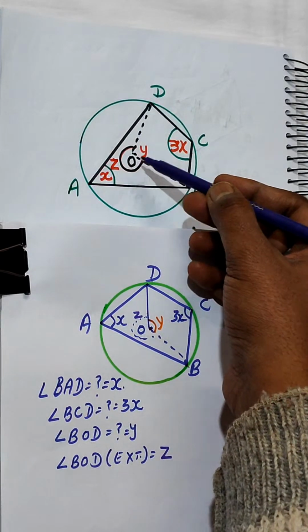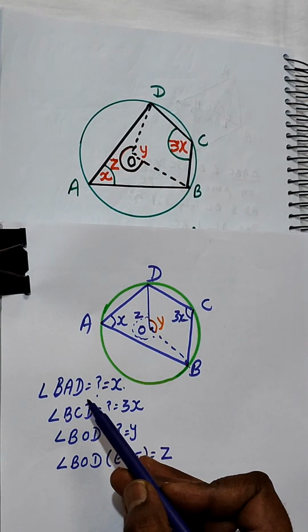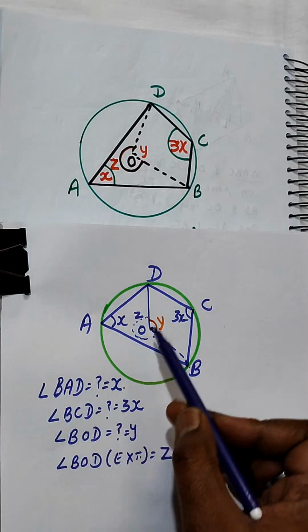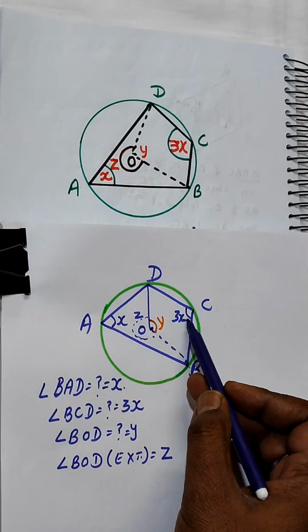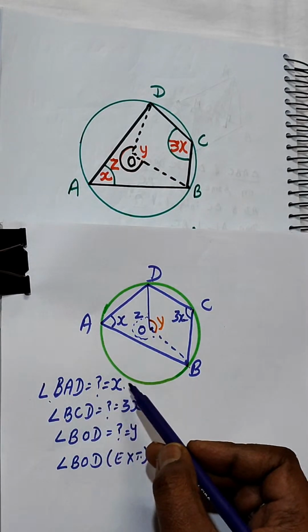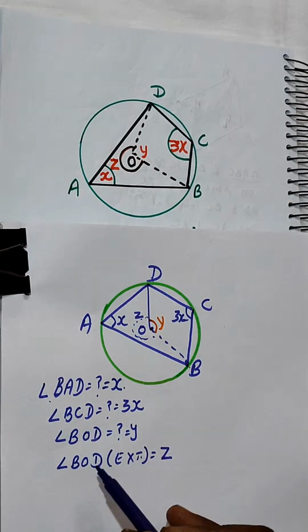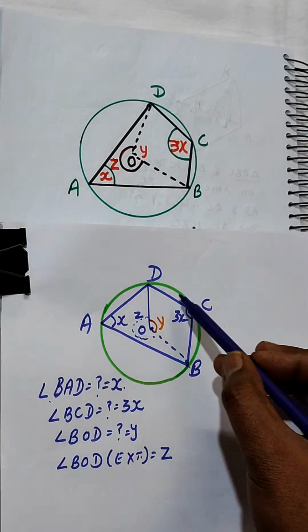So students, we need to find the value of angle BAD, angle BCD, angle BOD, and BOD exterior. Observe this.